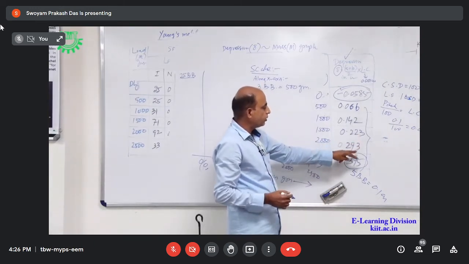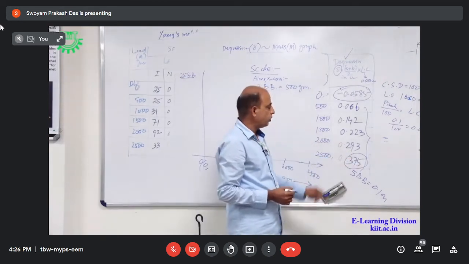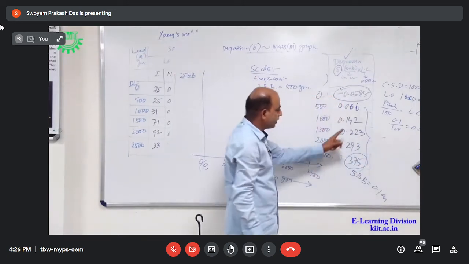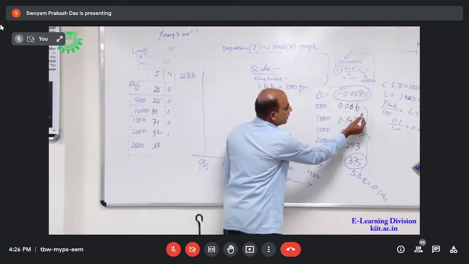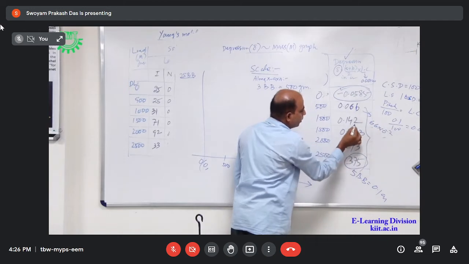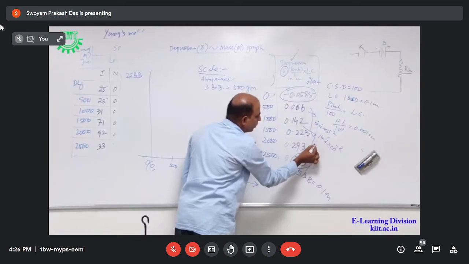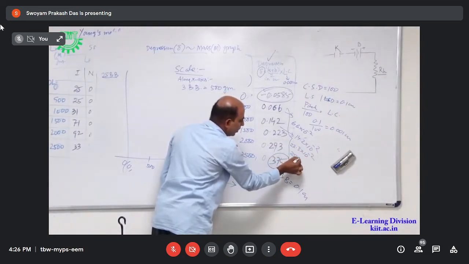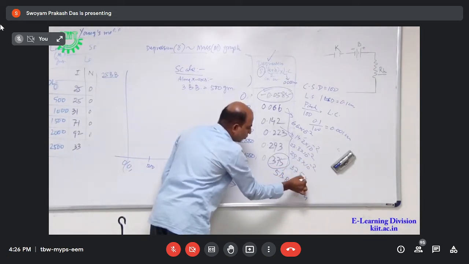If we want to plot the whole value in the graph paper, it is more preferable to take the decimal forward up to 2 places, so that it becomes 6.6 into 10 to the power minus 2, this is 14.2 into 10 to the power minus 2, this is 22.3 into 10 to the power minus 2, this is 29.3 into 10 to the power minus 2, and this is 37.5 into 10 to the power minus 2.